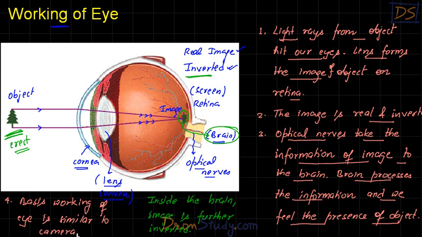Students, you know what cameras are, right? If you have ever studied cameras earlier, you will know that cameras also work pretty much in the same manner. You may not need to see this point in great detail. You just need to know this fact, that a camera also works very much like this. So let us move ahead.